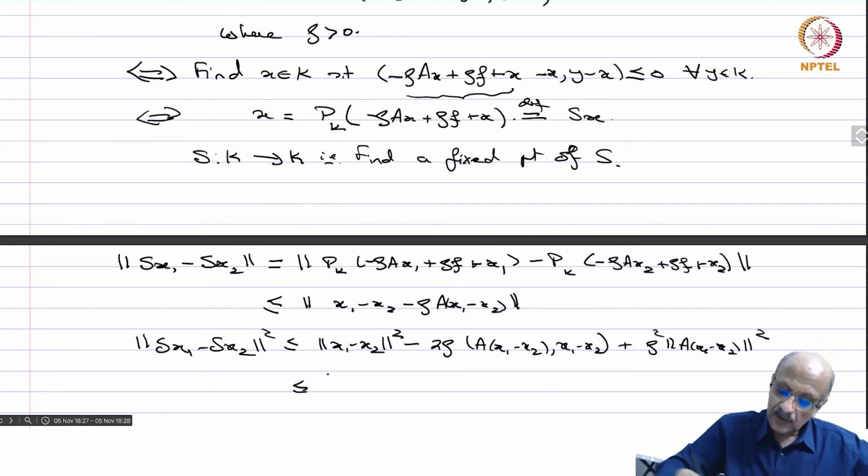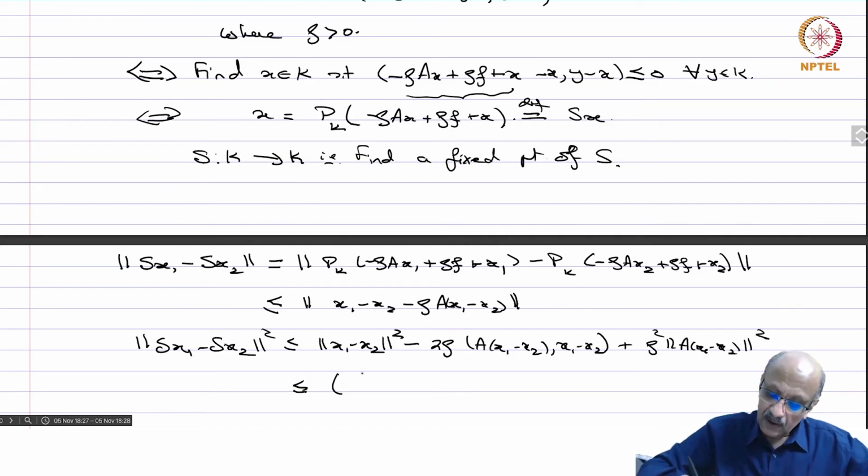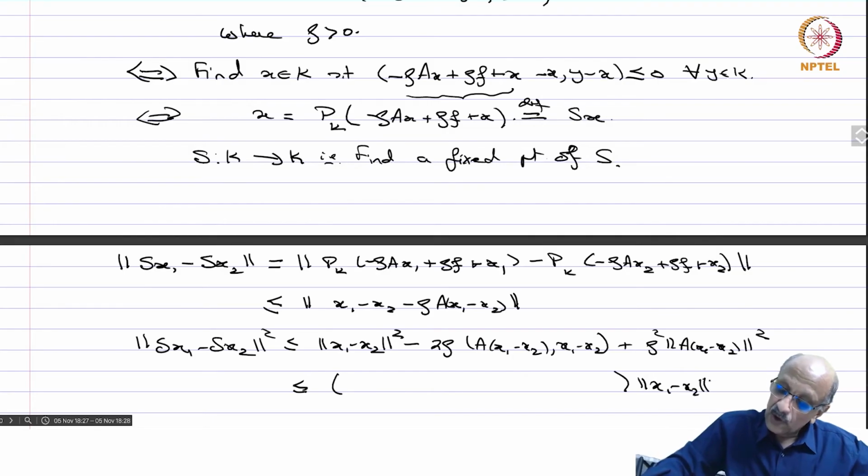Now let us write this whole thing as ‖x1 − x2‖² times something. So for the first term I will get 1.